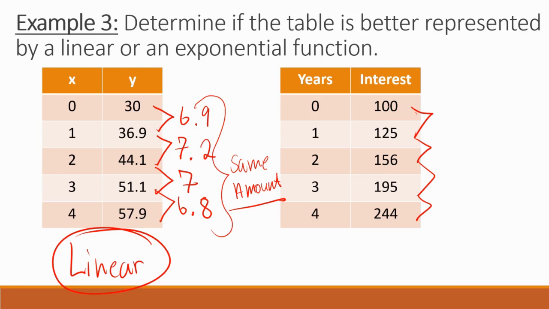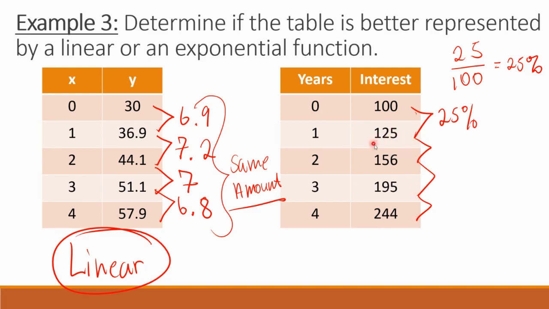So if I'm going from 100 to 125, well, what percent did I just increase by? Well, I went up by 25. So 25 out of 100, what percent did I just increase by? Well, 25 out of 100 is 25%. Okay, so that one went up by 25%. Let's test if the rest of them go up by 25%.